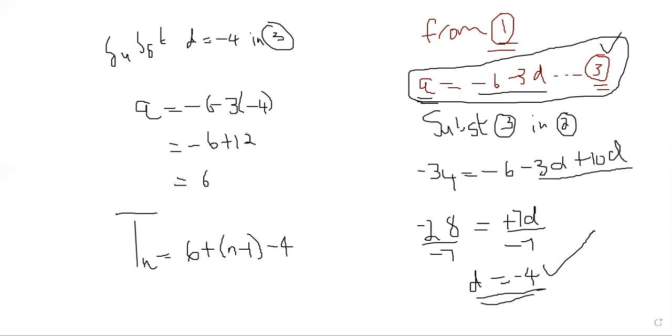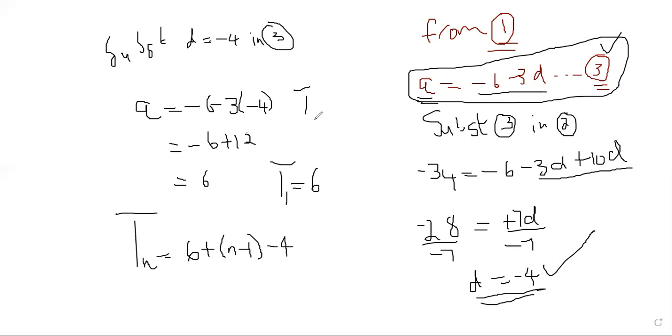So it means that if we want to find the first 3 terms, we can simply substitute here. So term 1, I won't substitute all of them, right? Remember, they said they want the sequence, and when they want the sequence, you find the first 3 terms. So for term 1, we put 1 there. 1 minus 1 will be 0. 0 multiplied by negative 4 is 0. So term 1 will be 6, right?